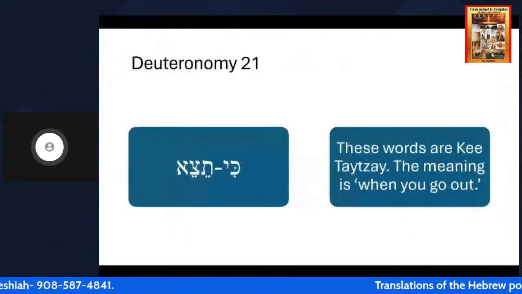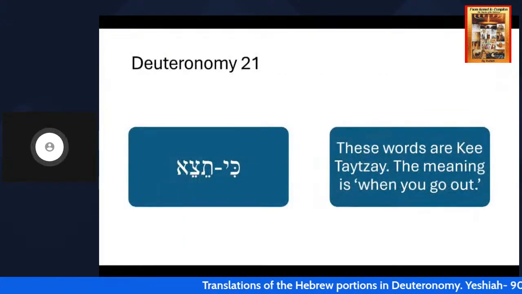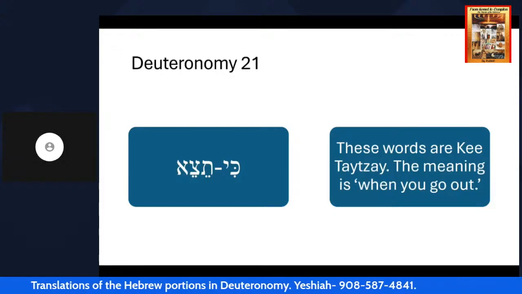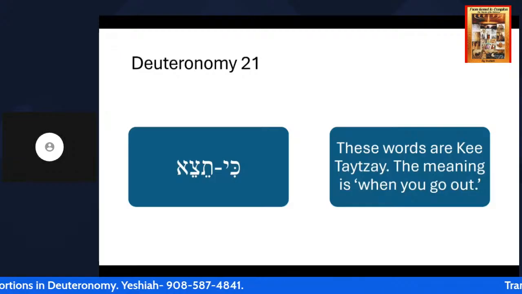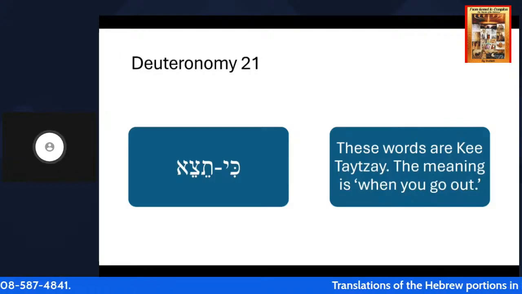The words are ki tetze. The meaning is when you go out. Now let's explain what we're looking at. Ki, remembering that Hebrew is read from right to left, right? Means because or for.